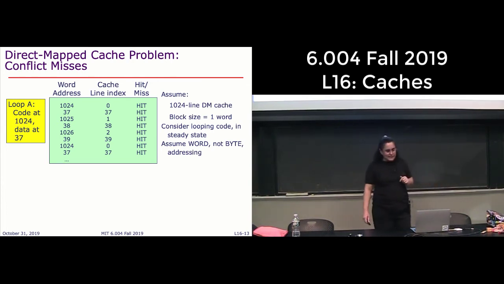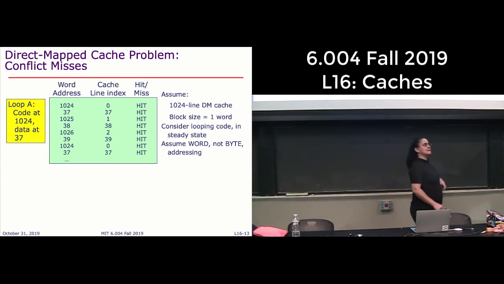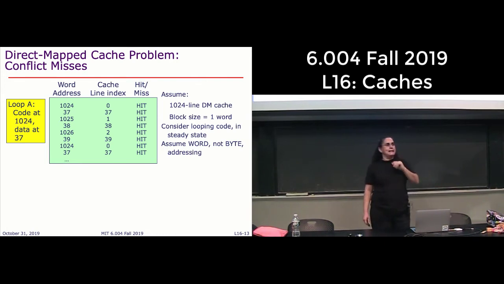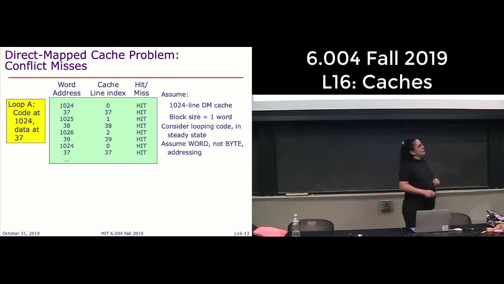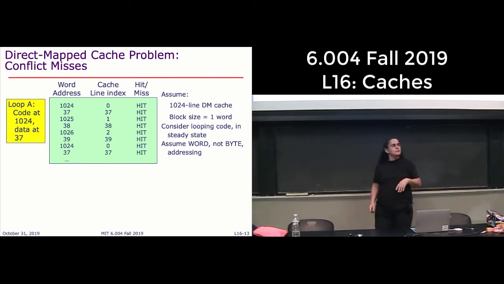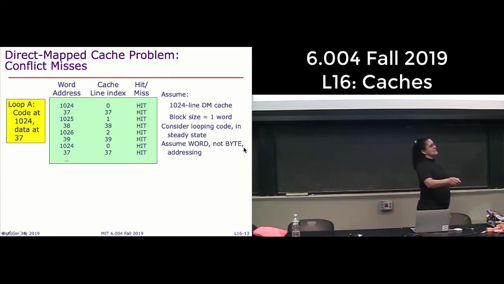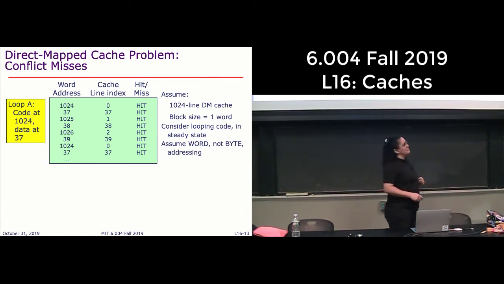For this particular example, what we've got here is, assume that you have a little piece of code that's 3 lines long, and this piece of code is accessing 3 data elements, and you're told that your code begins at address 1024 and the data is at address 37. And now, just to avoid having to deal with these 2 extra bits, these are going to be word addresses, not byte addresses. Okay, so assume that I've already thrown away those bottom 2 bits.